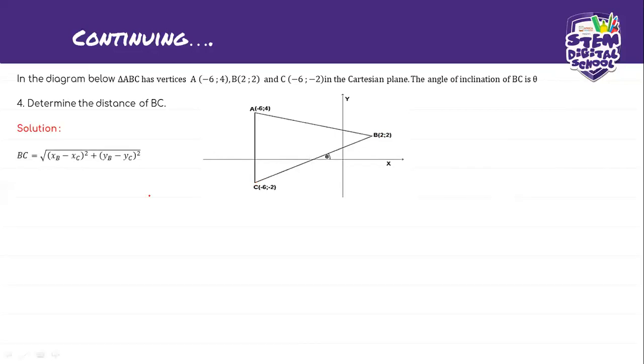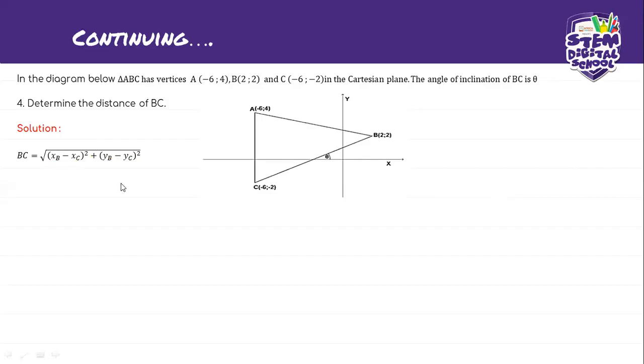All right, we are looking for the distance of BC. So you say BC equals the square root of (XB minus XC) all squared plus (YB minus YC) all squared.